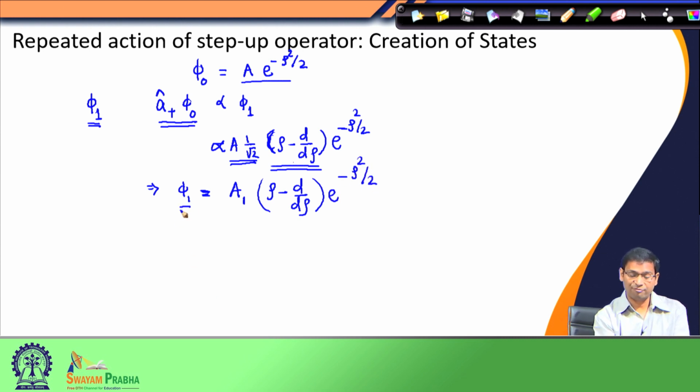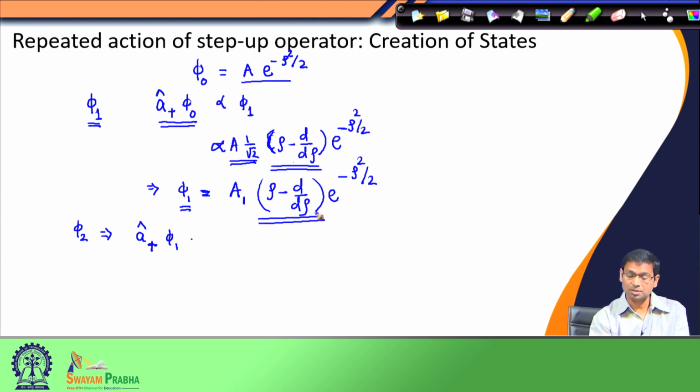So, to get phi 1, I have to calculate the action of this a plus operator, the step up operator, on this function. Fine. Now, to get phi 2, what would I do? I can obtain phi 2 when I apply the step up operator on phi 1. So phi 2 is proportional to the a plus operator on phi 1. What is phi 1?